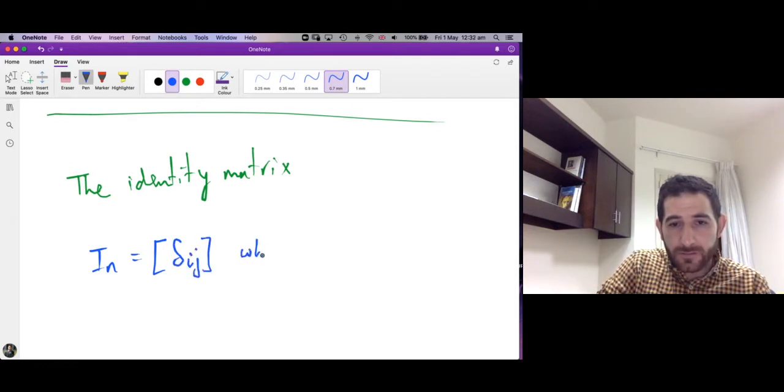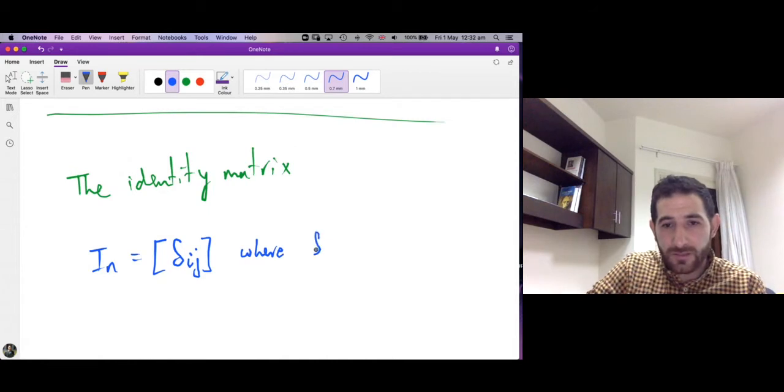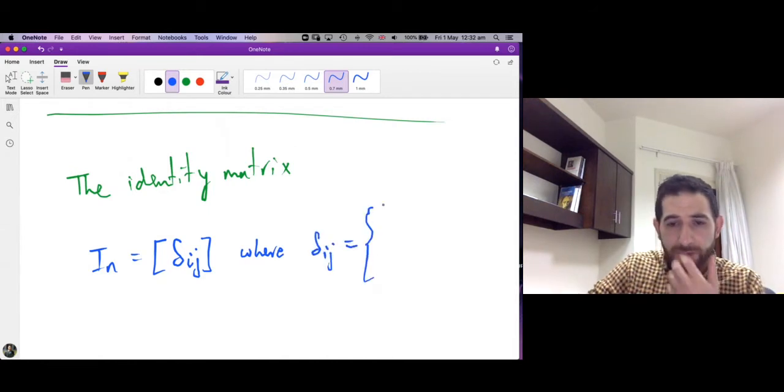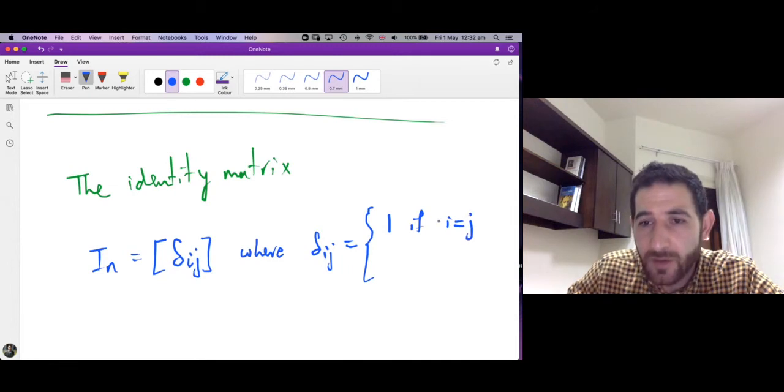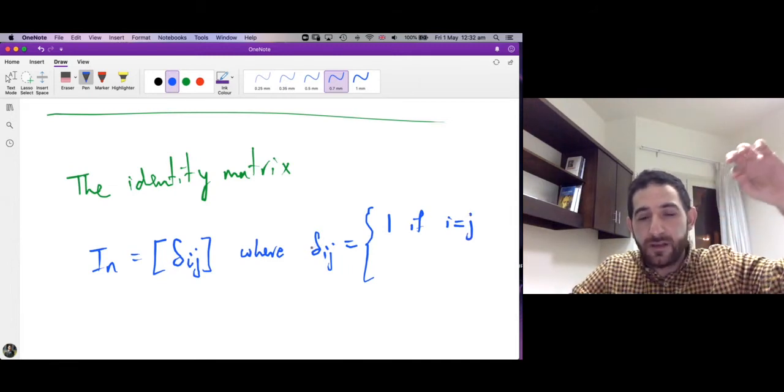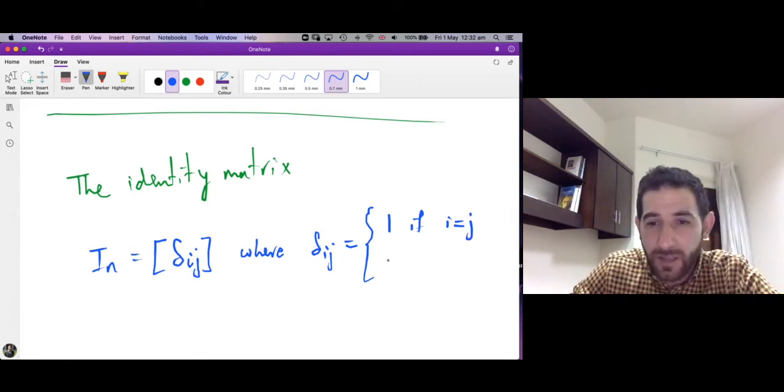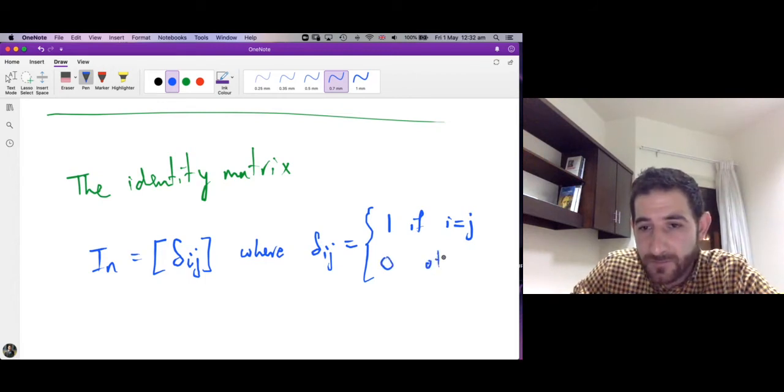Where, what is delta ij? This is a real number. It's a piecewise definition. Delta ij is 1 if i is equal to j, which means that the entry lies on the main diagonal, and 0 otherwise.